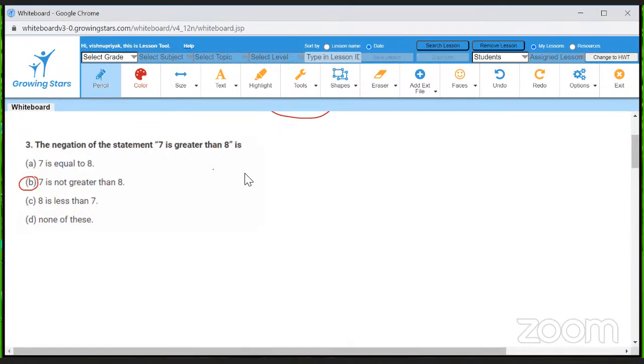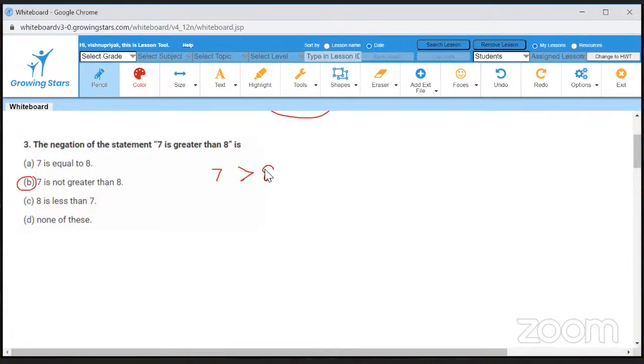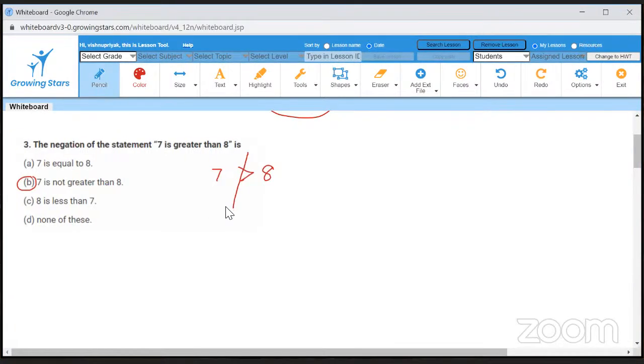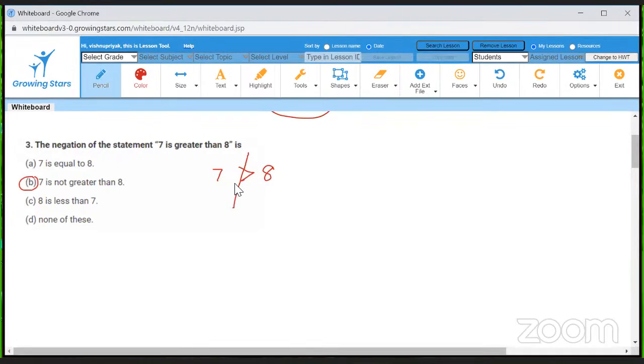7 is greater than 8. The negation will be 7 is not greater than 8.